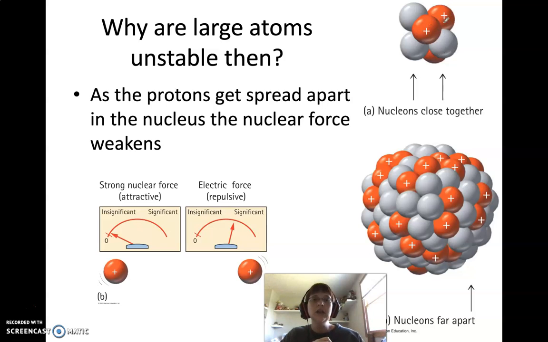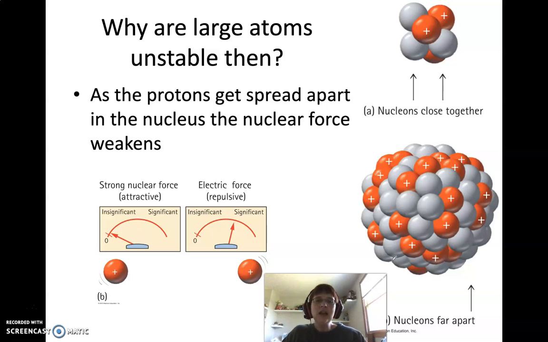You've only got like 3 protons and 3 neutrons. So the protons stay very close together, and that strong nuclear force is very attractive, holds them together, and overcomes the electric force. They're not going to be easily split apart by that repulsive force.